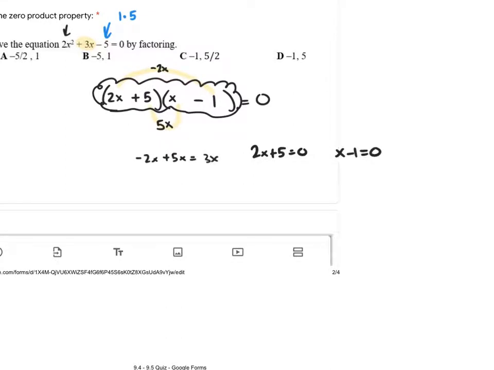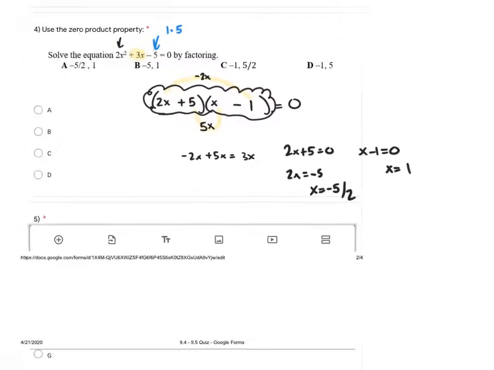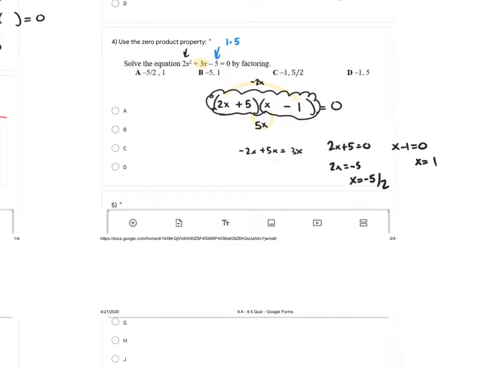So once we have that there, on this one we'd subtract 5 from both sides, and then we'd divide by 2. On this one here, we would add 1 onto both sides and get that our answers are negative 5 over 2 and a positive 1.